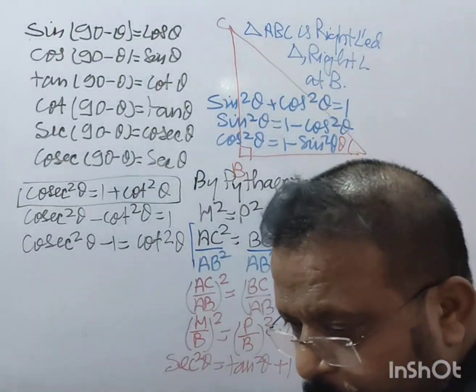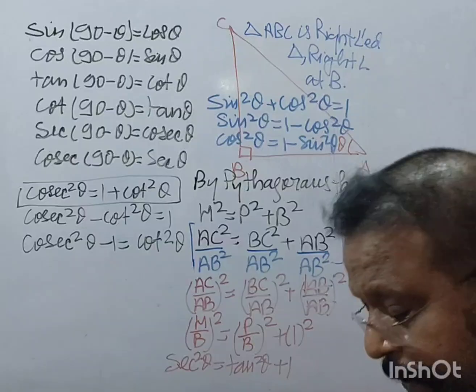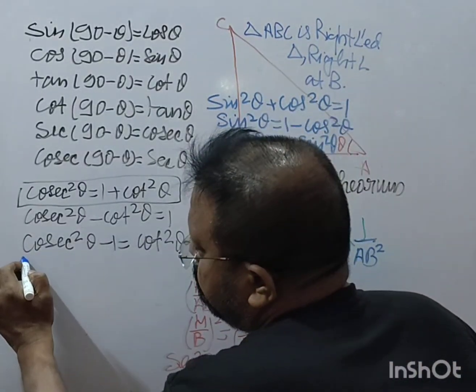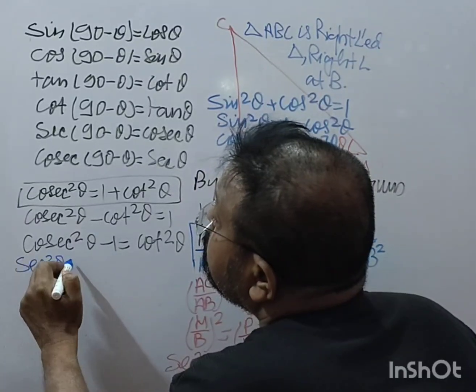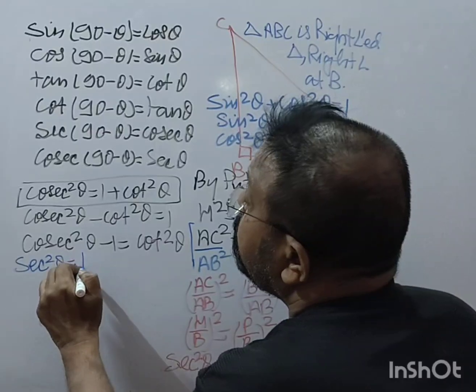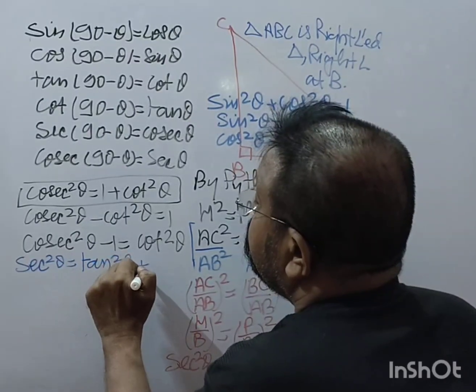Great. So now we get here again sec square theta is equal to tan square theta plus 1.